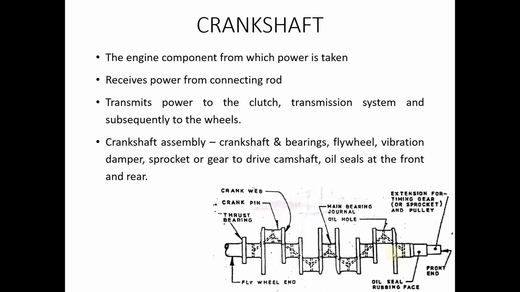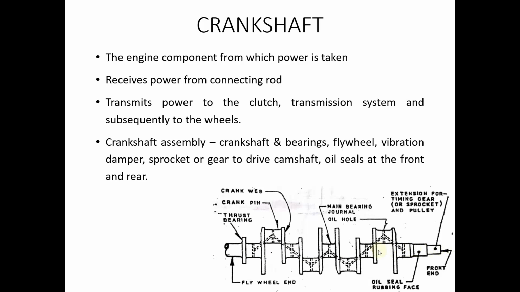Okay, now the next projection here is the crank pin, and crank pin is the region where the larger end of the connecting rod is attached. We have seen the connecting rod where it has a smaller end and a bigger end or the larger end. The big end of the connecting rod is attached to the crank pin, and this crank pin is offset at a small distance from the center of the crankshaft.